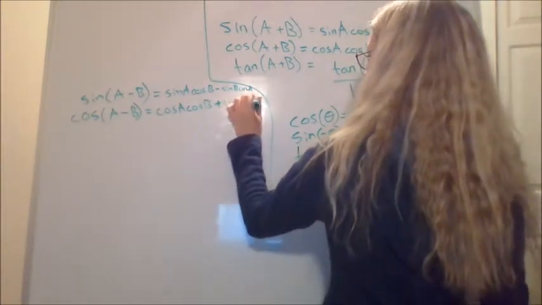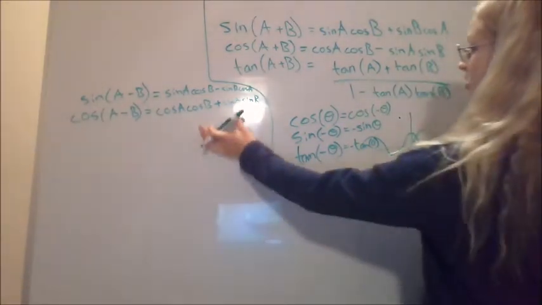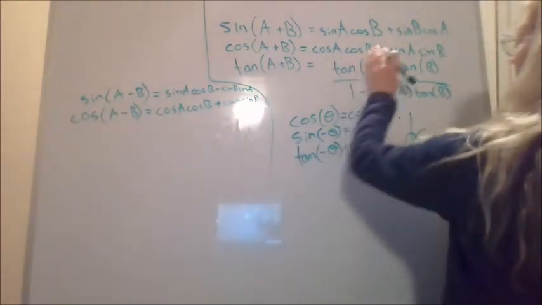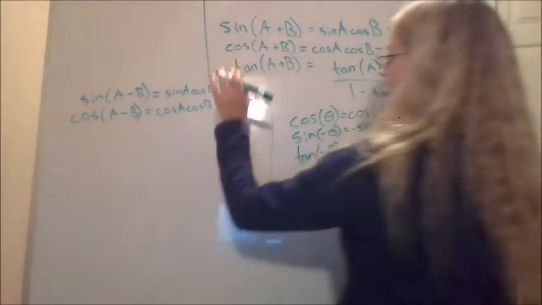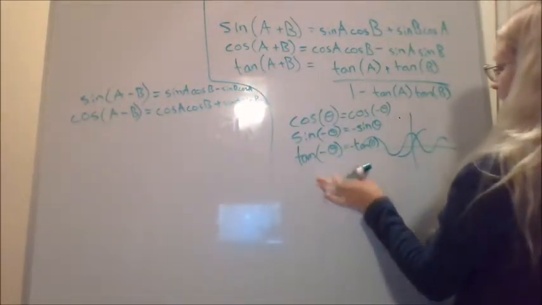We have sine of B. As you can see here, the only difference once again is that the negative in here is now a positive. So lastly we have our tangent, which is also an odd function.